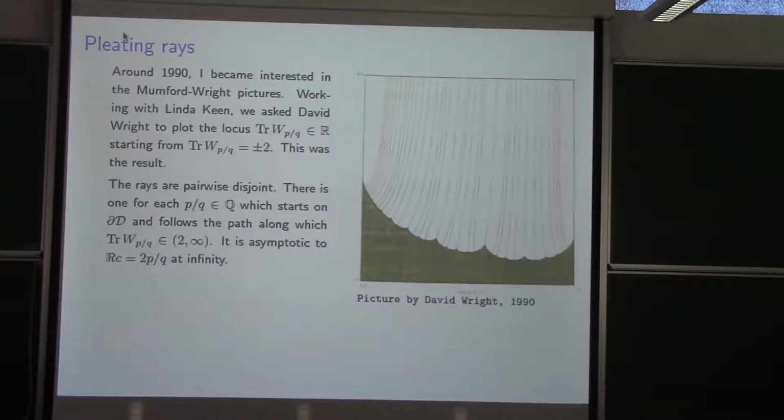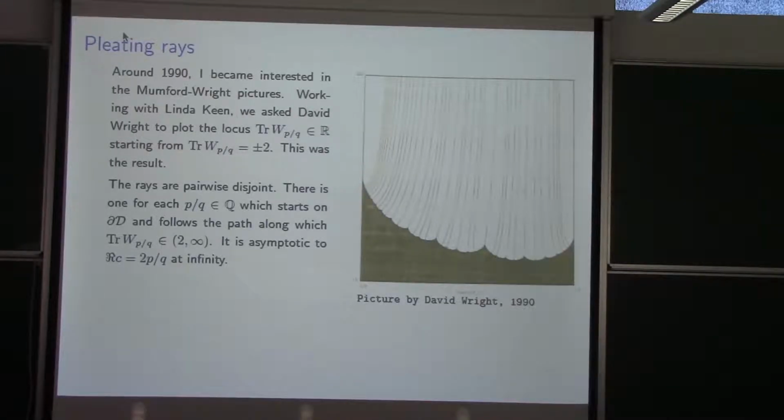But you asked Dave Wright, could he please start at these points, go in what seemed like the upward direction, and plot where the traces are real valued. And we did a few of these by hand, but you can imagine these polynomials, it gets pretty hard to do this by hand beyond very low values of Q.